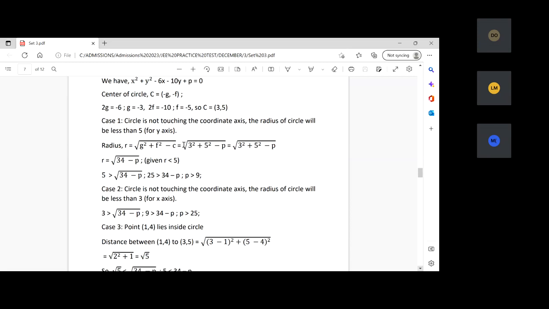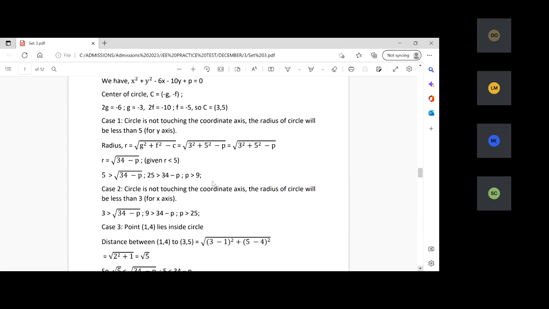Here c is p, and g and f you know, 3 and 5. Once you solve this, taking r as less than 5, you will have 5 is greater than root of 34 minus p. So 25 is greater than 34 minus p. So p is greater than 9. The first condition I got.